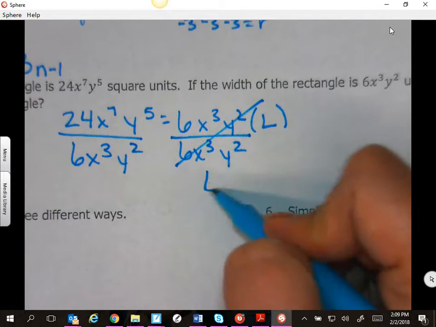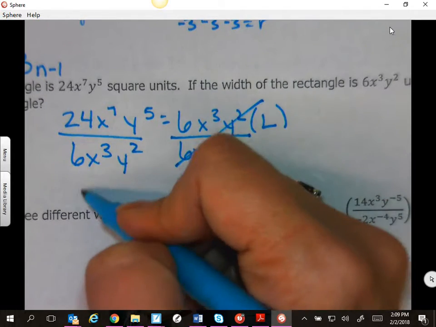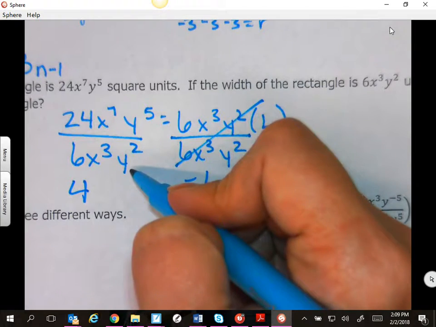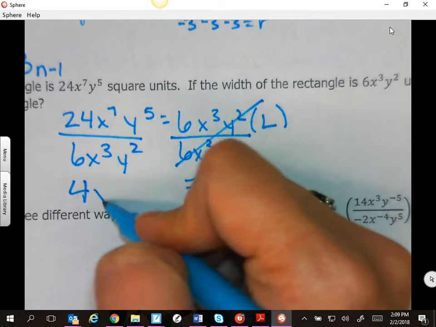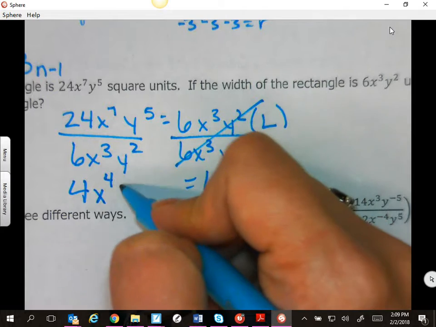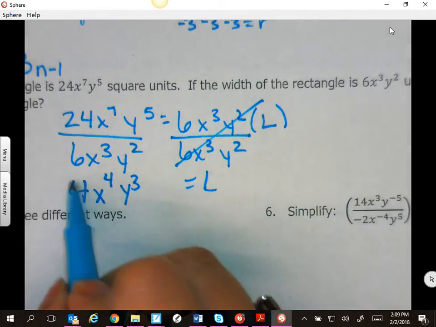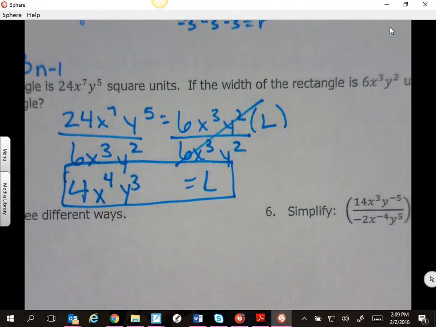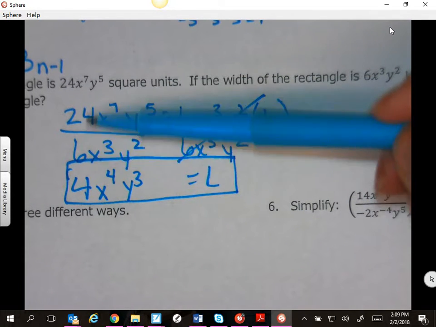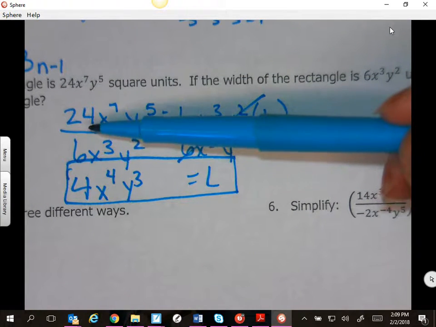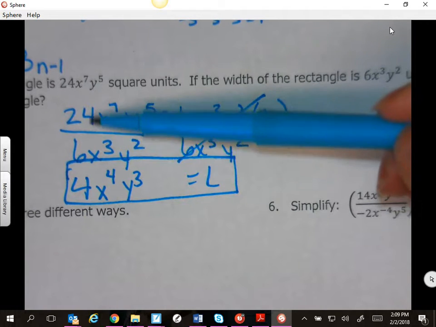We have L equals 24 divided by 6 is 4, and we're going to subtract these just like we did on number 2. So x to the 4th, 5 minus 2 is 3. So make sure when you're looking at your coefficients, remember you're doing whatever operation it tells you to do. You're not going to subtract those.